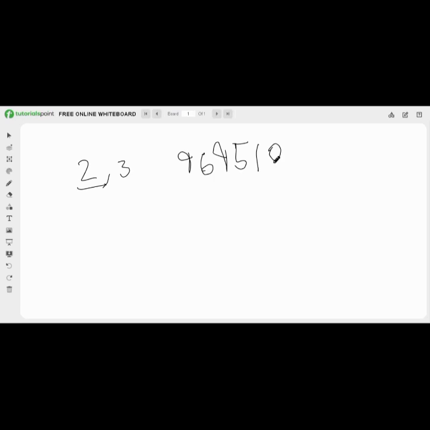It is, because 0 is in the last place, the ones digit. Let's check the divisibility of 3. The sum of all the digits is 30, which is divisible by 3.